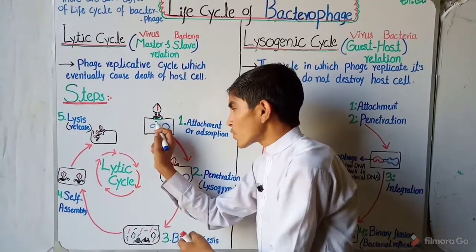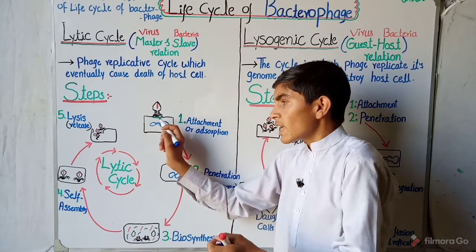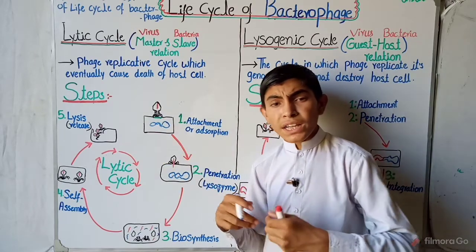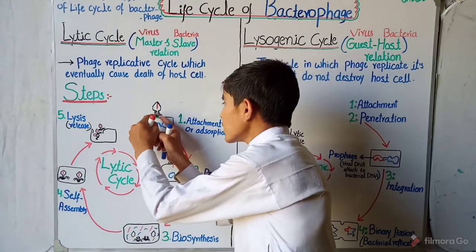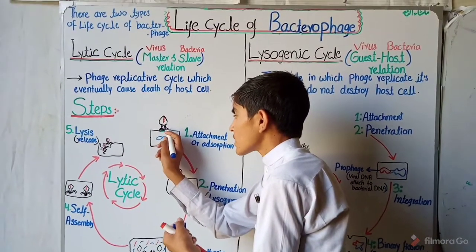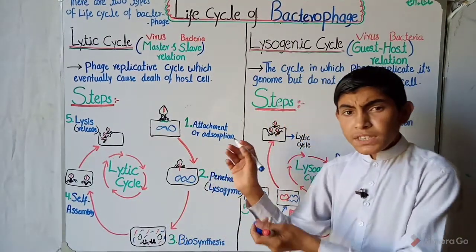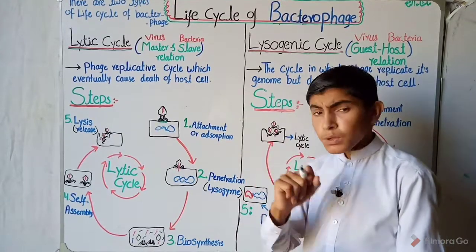You can see here these proteins are found on the cell wall surface of the bacterial cell, and these proteins work as receptors. And the tail fibers, you can see here these black fibers, are called tail fibers. In the previous lecture we talked about these. You should watch my previous lecture on bacteriophage virus.